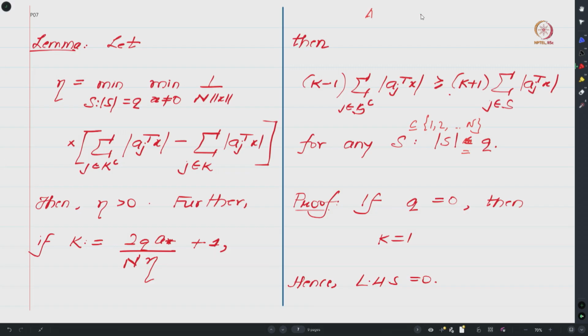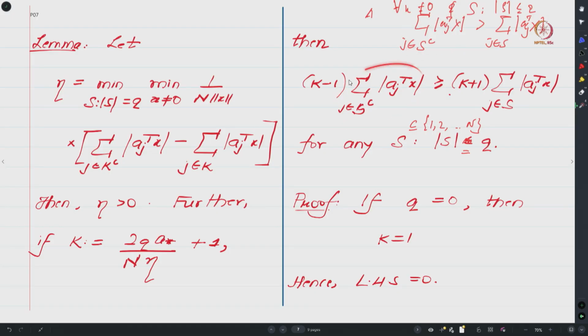The assumption on the A matrix was that for any such subset S, if I take AJ transpose X and take this sum over S complement, this should be strictly bigger than the summation over J in S of AJ transpose X. This was the assumption that we had about A. In particular, we said that for all X not equal to 0 and any S such that the cardinality of S is less than Q, I require that some inequality like this hold. And here, if you notice, we have expressions similar to what I have here.